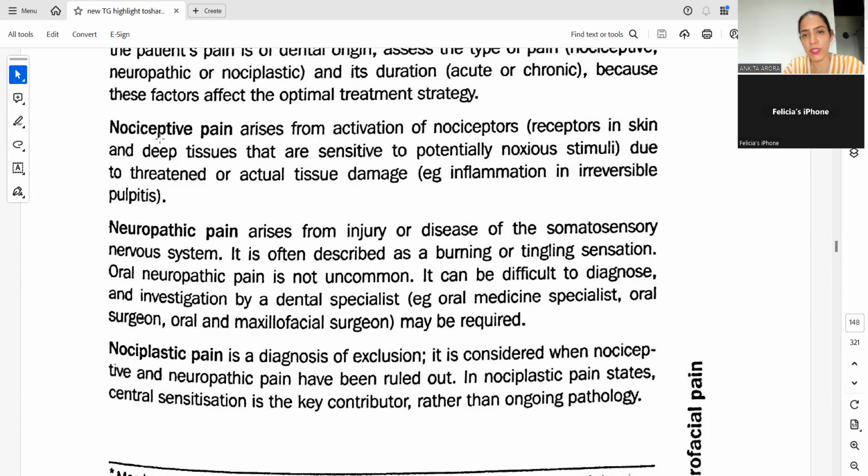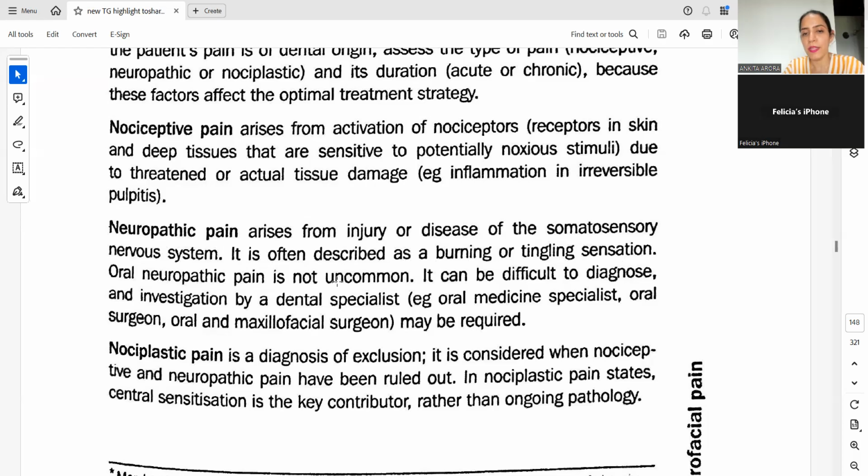Now, nociceptive involves receptors on skin, but it may not involve deep tissues, like a stomach ache. That is not a part of nociceptive pain. But in neuropathic, the somatosensory system inside, deeper tissues are involved. It is often described as a burning or tingling sensation.